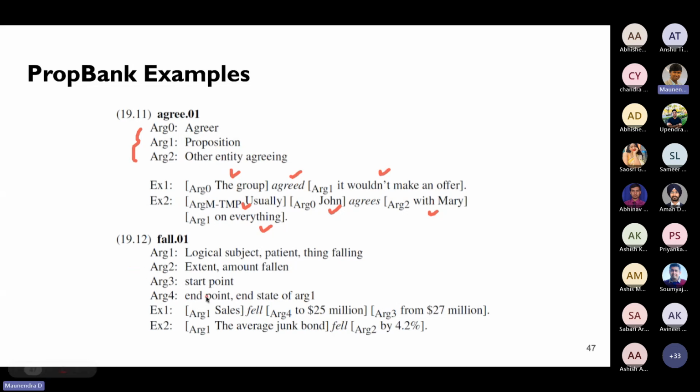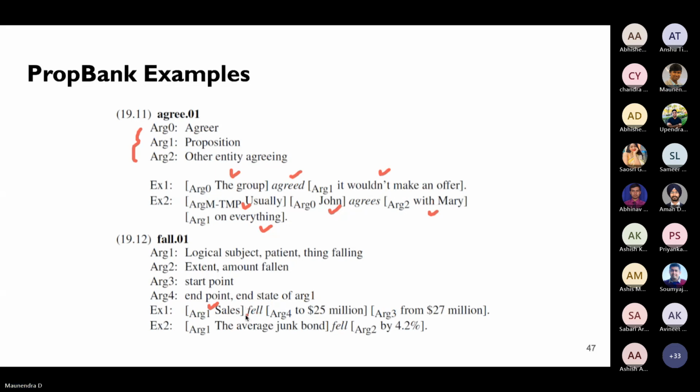Here is one more example. Sales fell to $25 million from $27 million. So what fell? Sales. But remember, sales is not something that will fall by itself. There are some other events which are causing the sales to fall, right? So that's why sales will come as arg1. There is no volitional involvement.